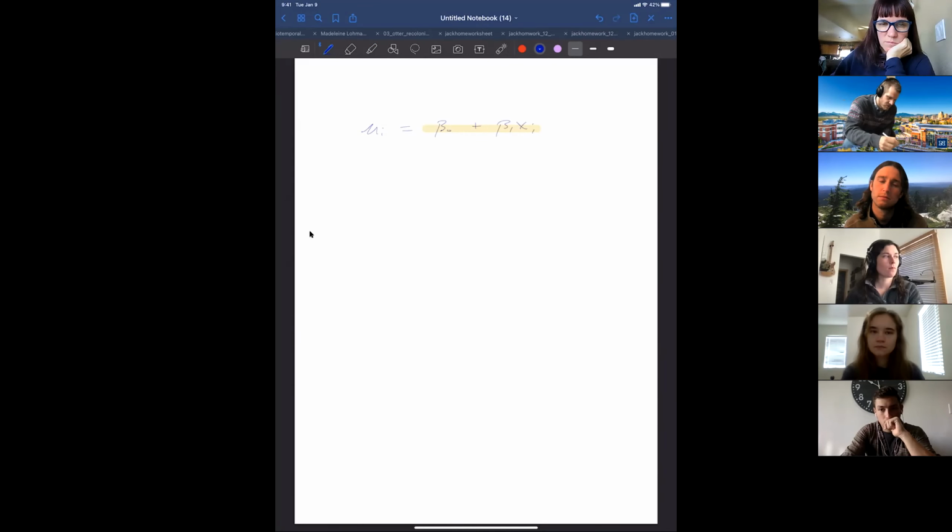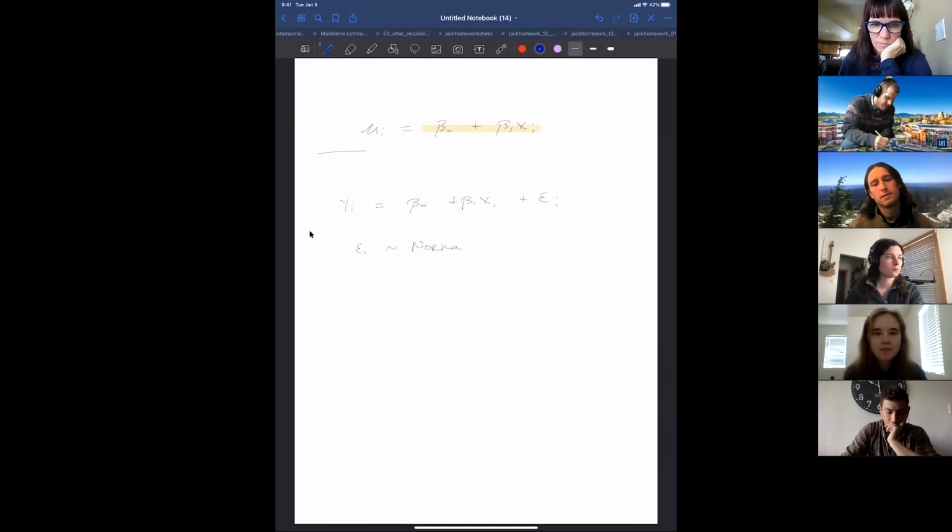So let me go back to how we wrote out the simple linear regression model. The first way I wrote it out: y_i equals beta 0 plus beta 1 x_i plus epsilon_i, where epsilon_i comes from a normal distribution with mean zero and variance sigma squared.